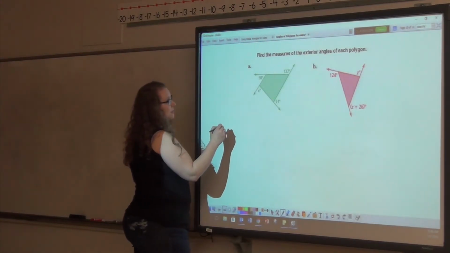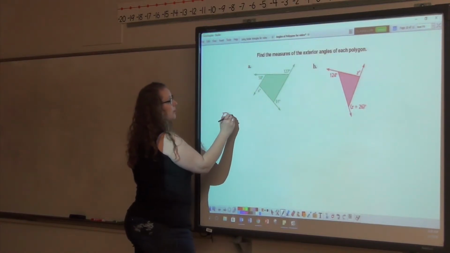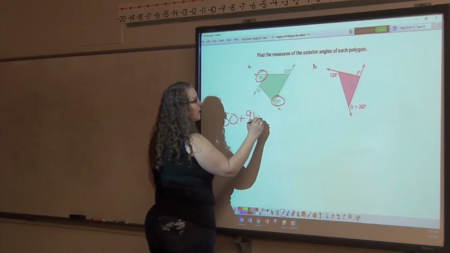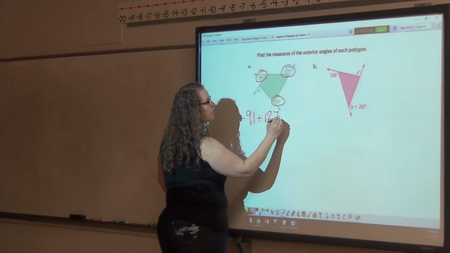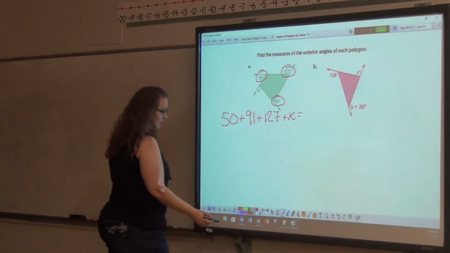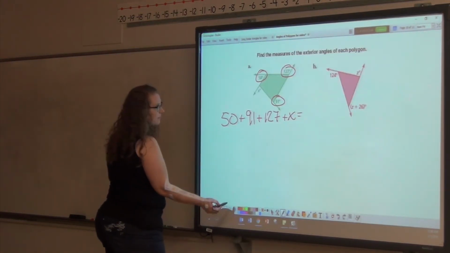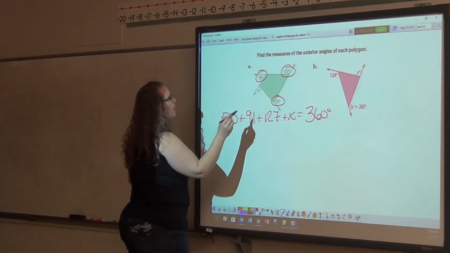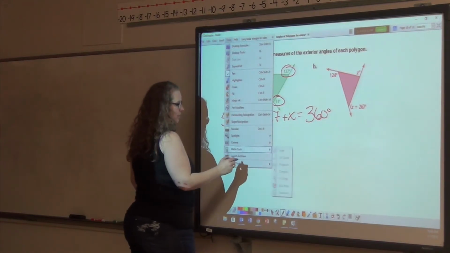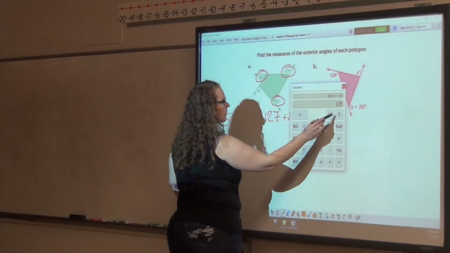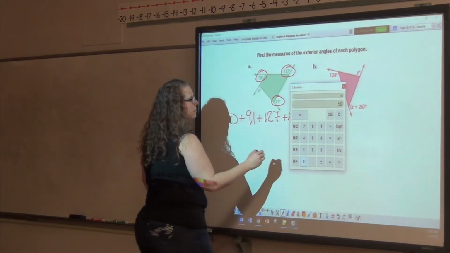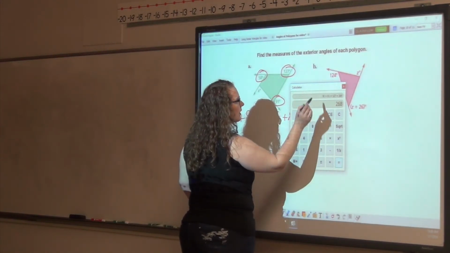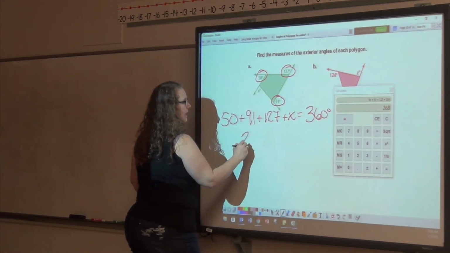If all these angles add up to equal 360 degrees, then we have 50 plus 91, that's this angle plus this angle, plus 127, this one over here, plus x equals, what did it say, 360? Yes, 360 degrees. Okay, so let me pull out my trusty calculator again. 50 plus 91 plus 127 equals 268.